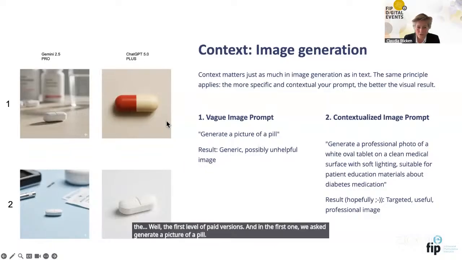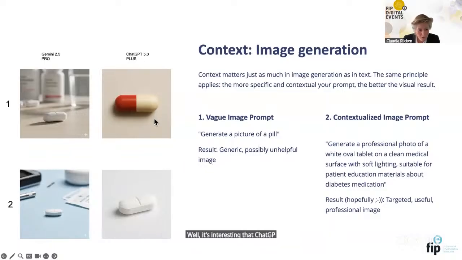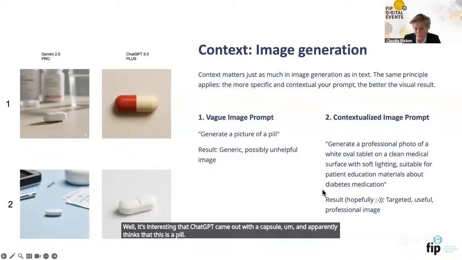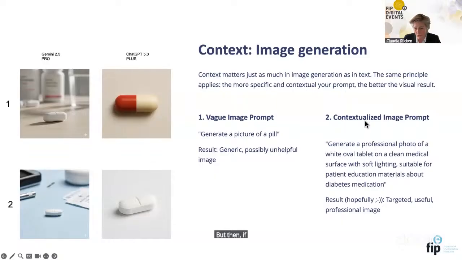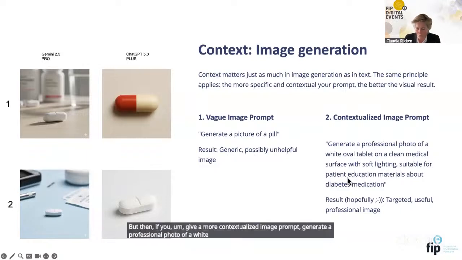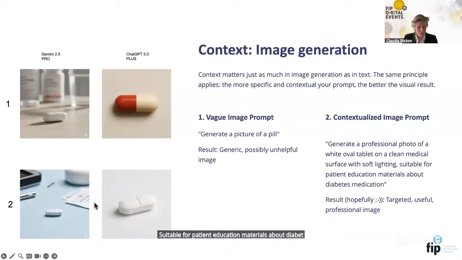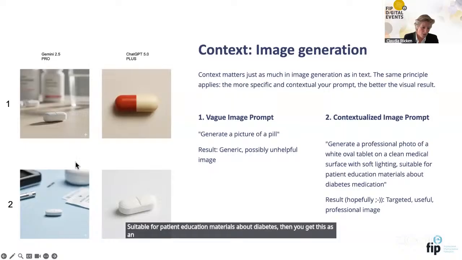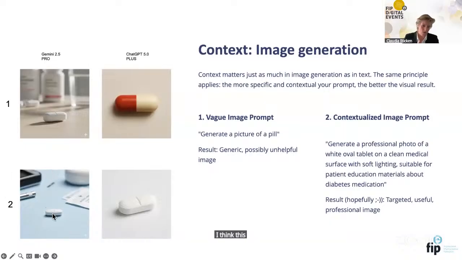Well, it's interesting that ChatGPT came out with a capsule, and apparently thinks that this is a pill. But then if you give a more contextualized image prompt, generate a professional photo of a white oval tablet on a clean medical surface with soft lighting, suitable for patient education materials about diabetes, then you get this as an output. I think this is even, well, a bit more contextual.